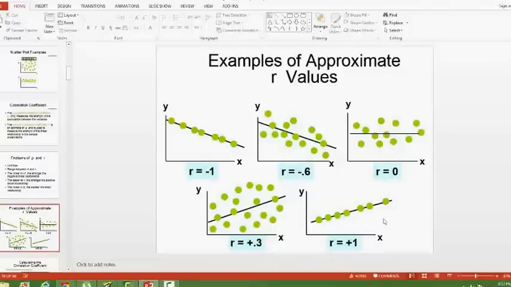In the last one, the points are lying on the same line, but there is a direct relationship between x and y. So your correlation is +1. And the other graphs, where the correlation is 0.6, -0.6 and +0.3, are just approximations. It could be anything. We'll see how we really measure this value accurately by looking at the data.